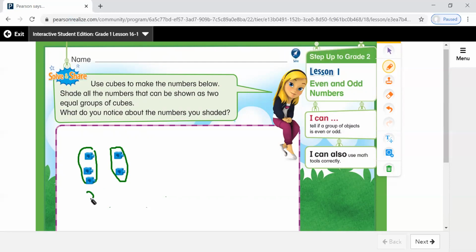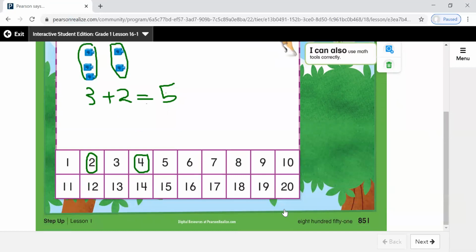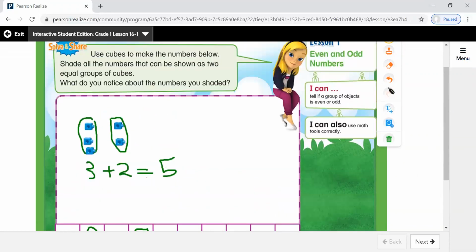No, I have here 3, but I have here only 2. So, 5 is odd because I can't put it into two equal groups. I will not circle it. I will circle only what? Even numbers.